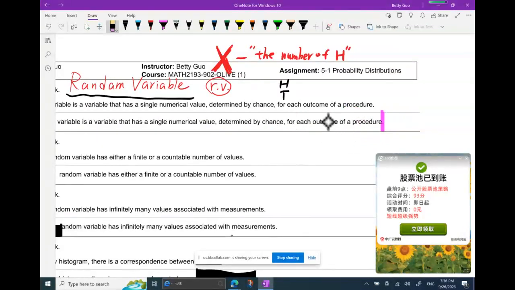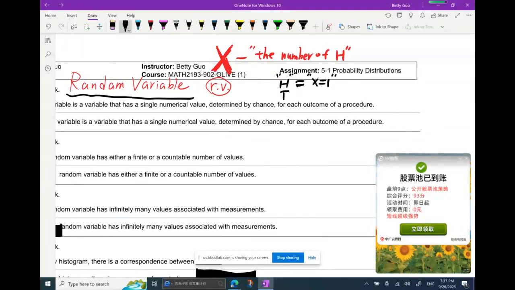So we toss a coin. If we get a head, then, I'm gonna use a colon here, the number of heads is 1, right? So x equals 1. So the event getting a head is the same as the event that x equals 1.